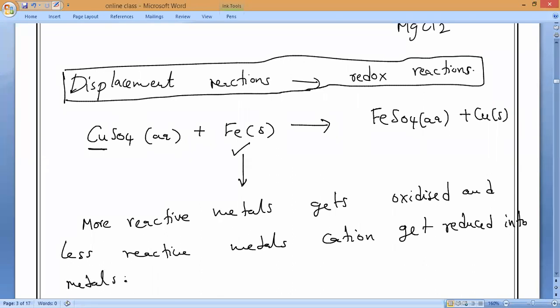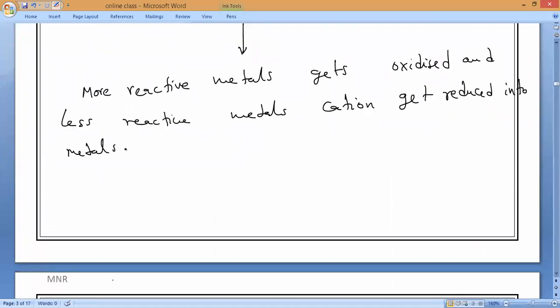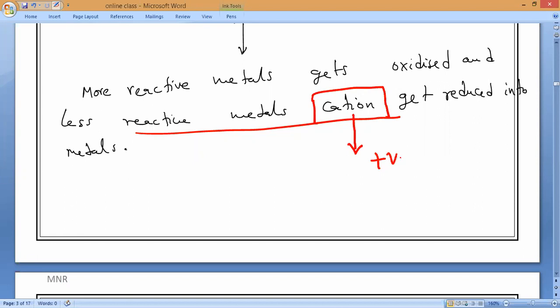That is why we say all displacement reactions are examples of redox reactions. Now, you might not understand one word here. What is that word? Reactive metal's cation. Why am I using cation here? Cation means positive or negative charge? Positive. While teaching, I taught you positive charge. So cation means positive charge.